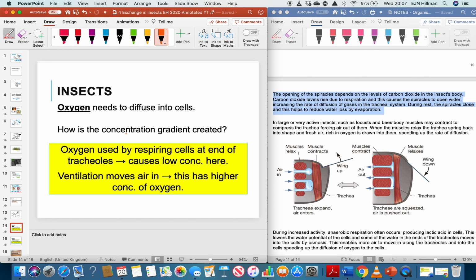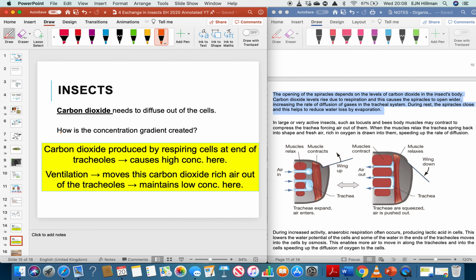How is that concentration gradient created? We've already mentioned this. Oxygen is used by those respiring cells at the end of the tracheals. That causes the low concentration here. And the ventilation moves the air in. That air that has just moved in will have a higher concentration of oxygen.